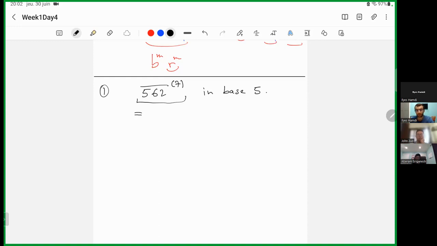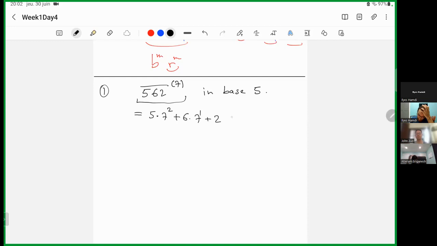Well, I know it's in base 7, so I can write the expression. So 5 times 7 to the power, which power? 2, right? Plus 6 times 7 to the power 1 plus 2. This is the value of my number.